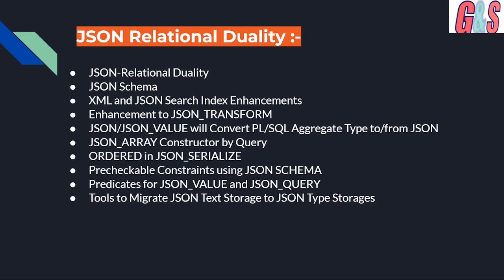Now coming to JSON schema. JSON schema based validation is allowed with the SQL condition IS JSON and with the PL/SQL utility function. A JSON schema is a JSON document that specifies allowed properties and the corresponding allowed data types such as field names and whether they are optional or mandatory.